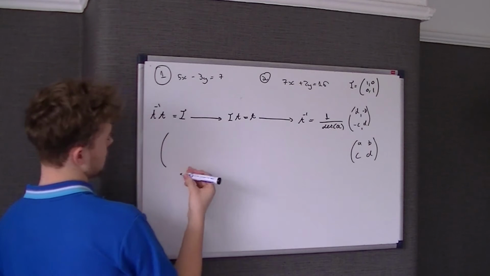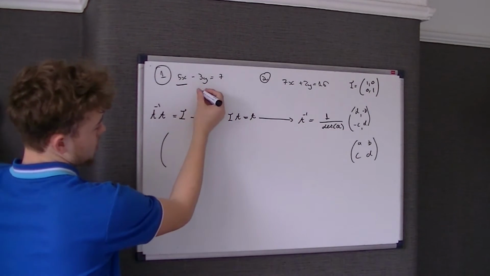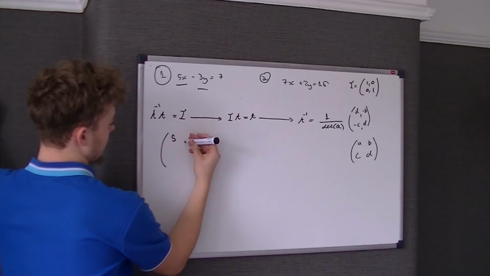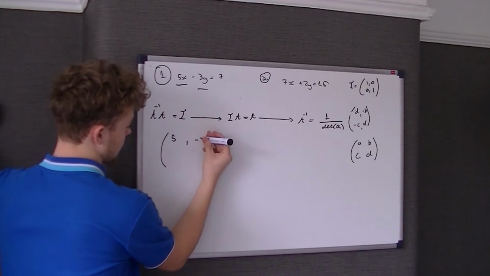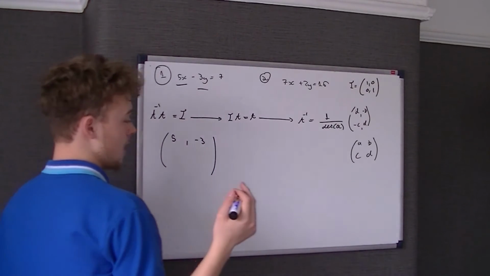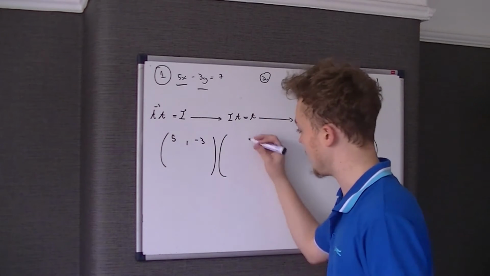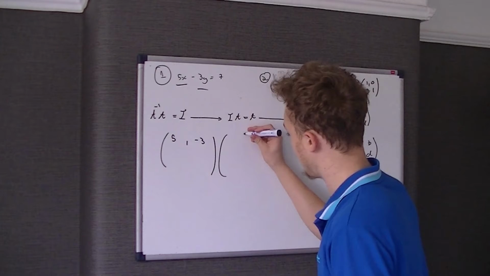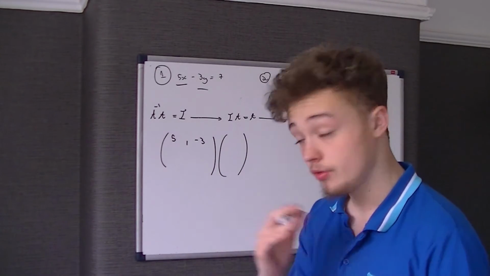What I'm trying to do here is build it up. These two are coefficients of x and y. The first coefficient is 5, and the second coefficient of the first one is minus 3. But we need a 2x2 matrix on either side, because when we're multiplying two matrices together, we need the same amount of numbers in a column of the second matrix as in the row of the first matrix.